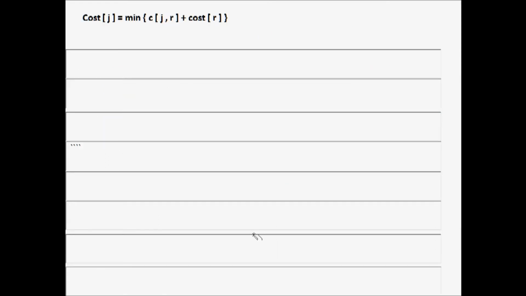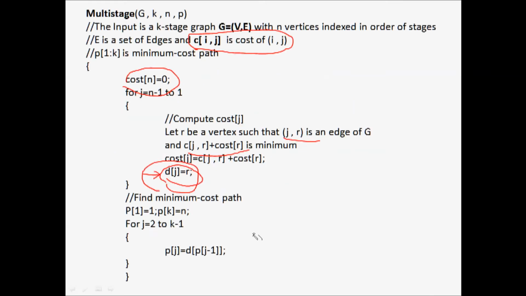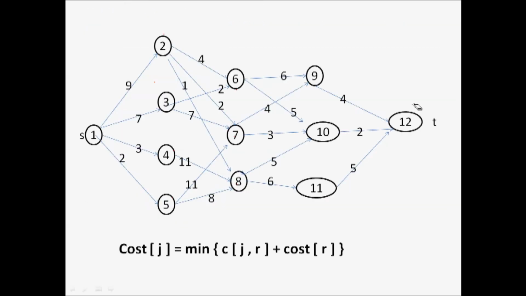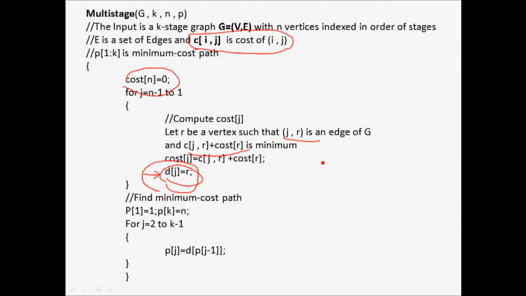Now let's begin the example. According to the algorithm, cost of n is equal to 0, that is, cost of 12 is equal to 0. Let's write it down. I have to decrement the for loop from j, n minus 1, down to 1, that is 12 minus 1, which is 11.